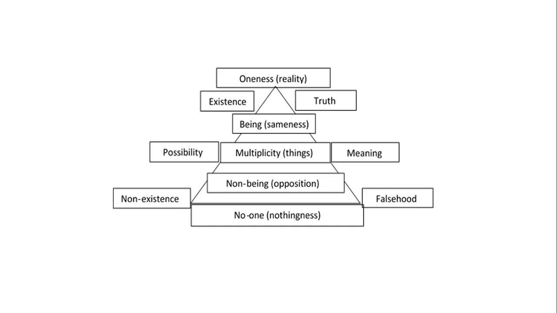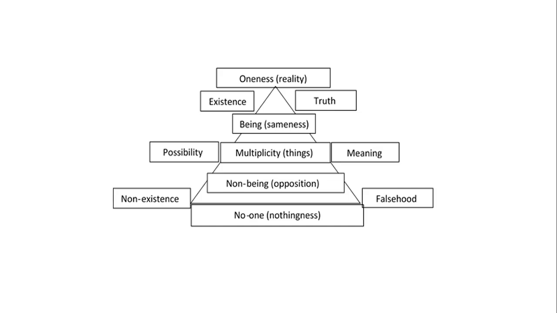So in this part of the video we're going to move from the middle side to the opposite directions, meaning to the top and the down. So if we do it to the left side and move from possibility to existence, that would be necessity, and if we move from possibility to non-existence, that would be impossibility.